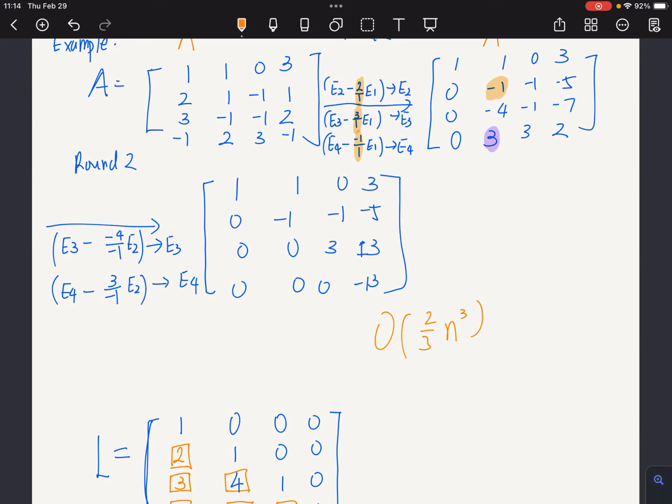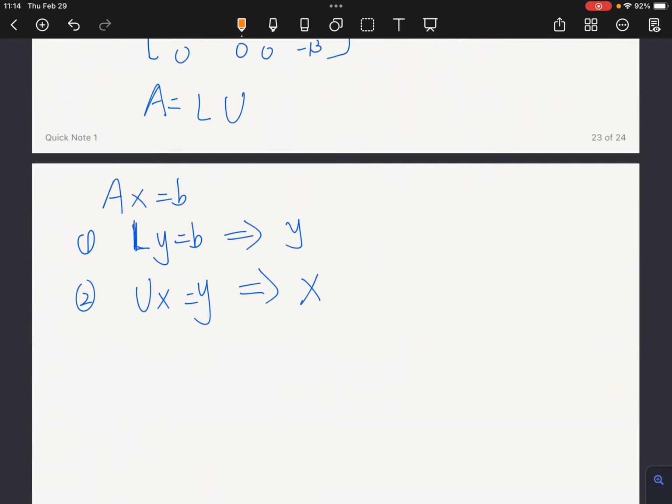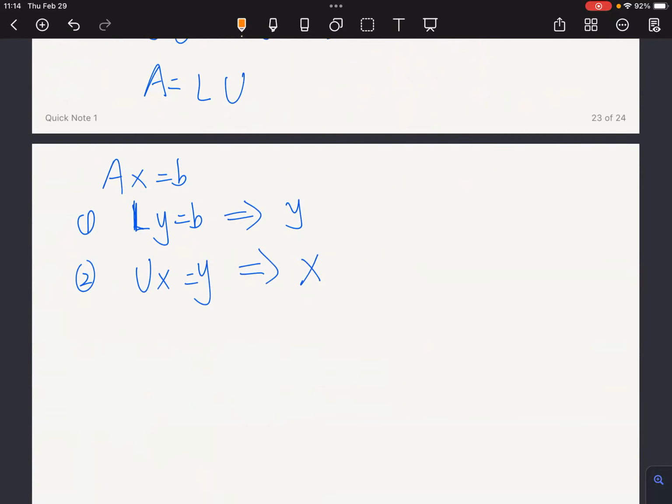This is the first part of the LU computation. After you get the LU factorization, you solve the linear system of equations with the forward and backward substitution process, and this costs you 2n squared operations.